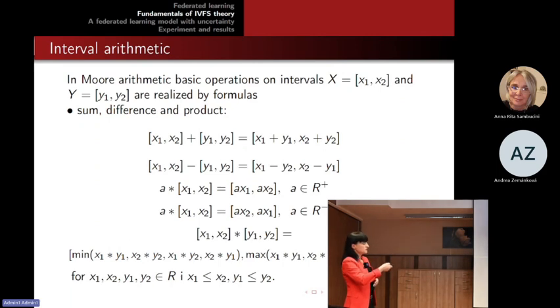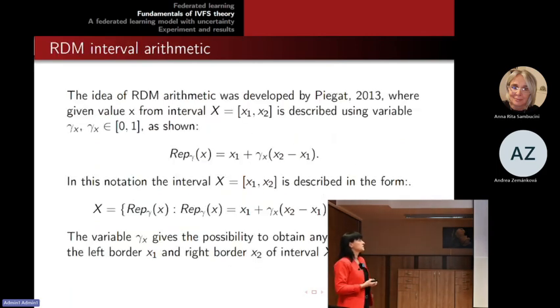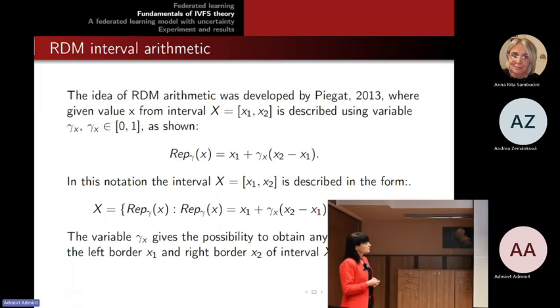Also very helpful for us is the representation introduced by Piegat in 2014 to calculate values assumed within the interval by some parameters.